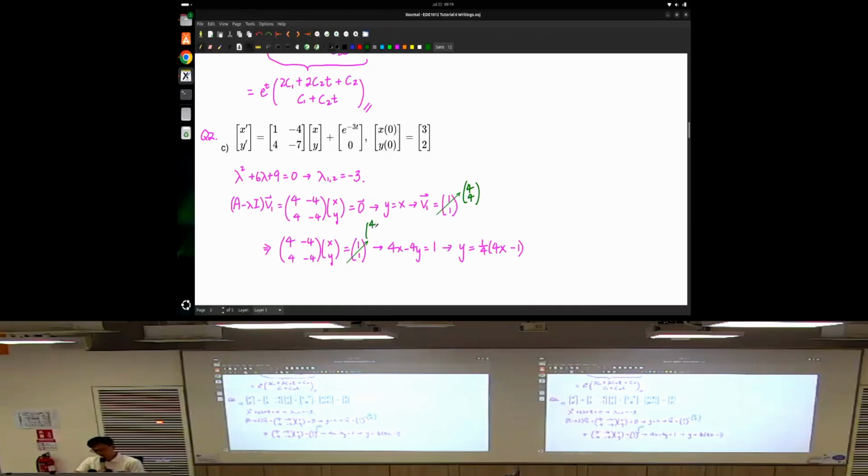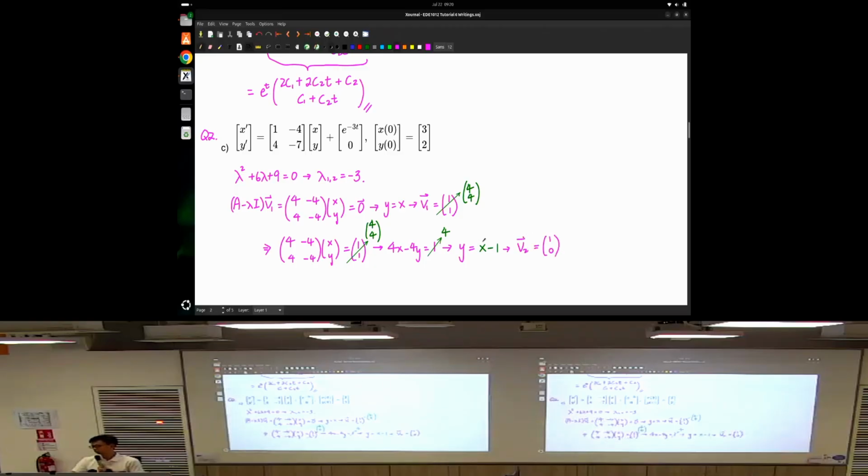You can still work with the fraction. Okay, so this one becomes 4. So you see, if this becomes 4, then after that you don't have the 1/4 already. Right? So this becomes y equals to x minus 1. So that'll be nicer. Is that right? So if that's the case, then you can choose your V2, your generalized eigenvector V2, right, to be 1, 0.